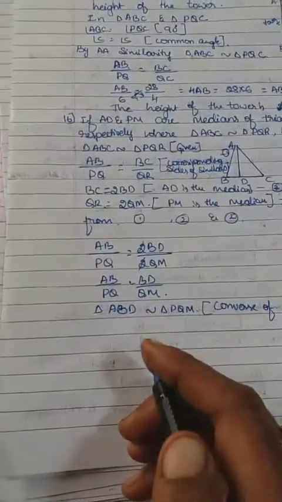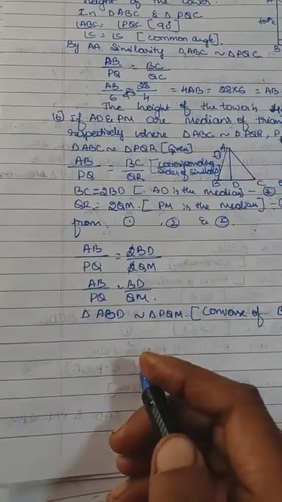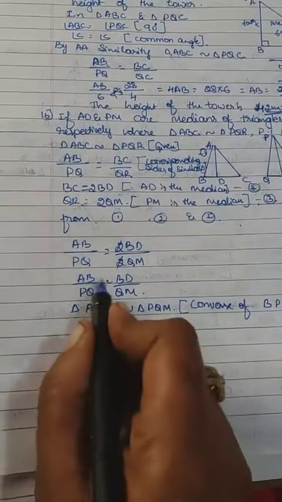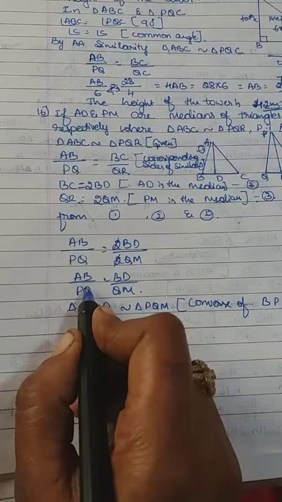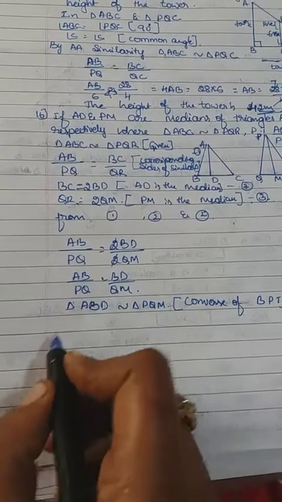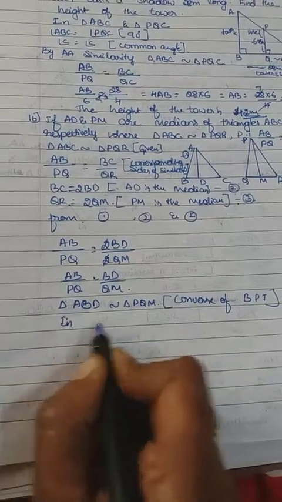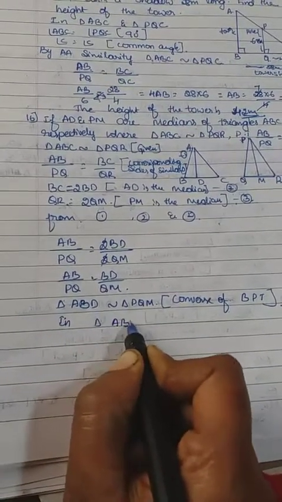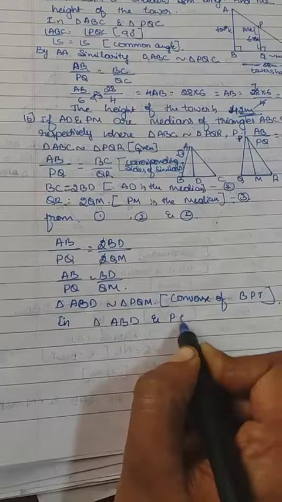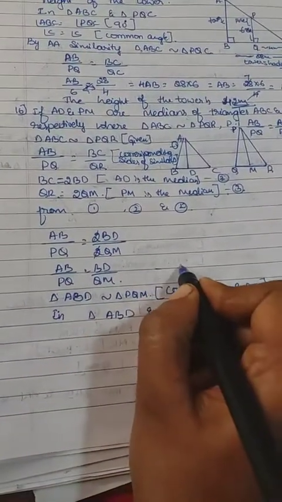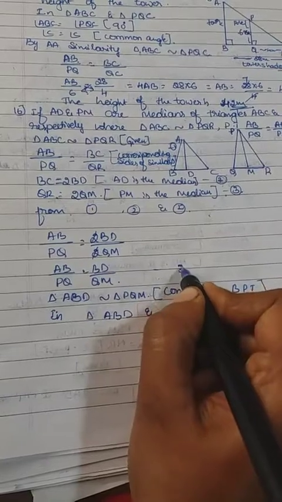If the sides are proportional, then both the triangles are similar. Clear? So these two sides are proportional now, and we also have to take one more angle, the angle in triangles ABD and PQM. We can take this as equation 4.